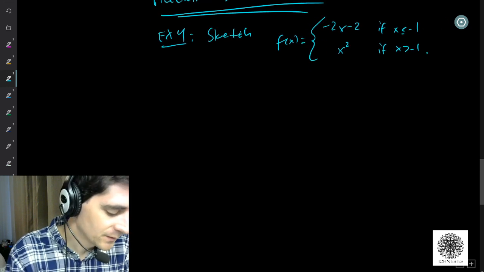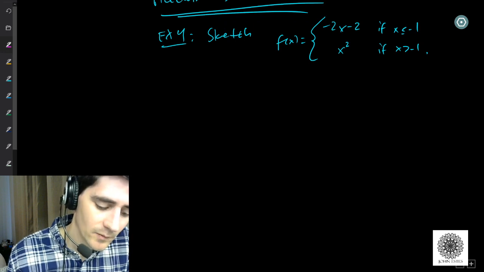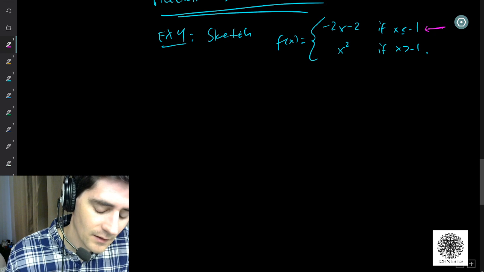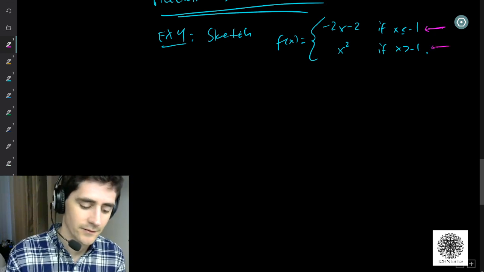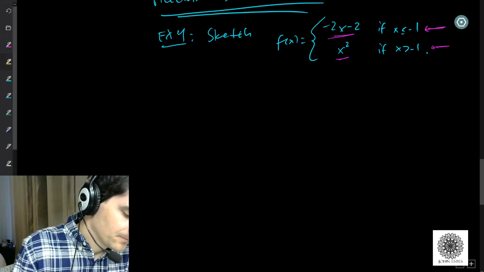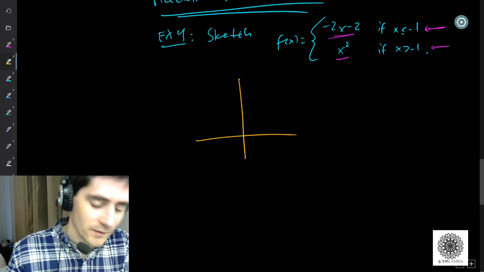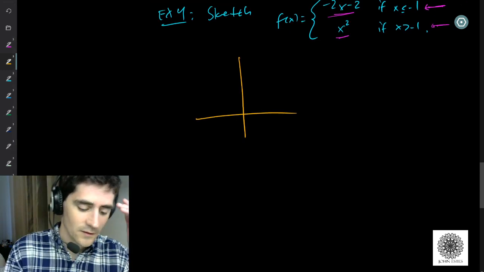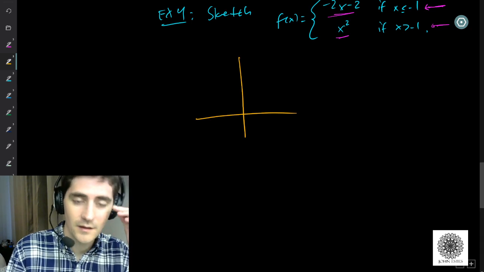And see, this is a piecewise defined function. For x less than or equal to -1, my function looks like this. If x is greater than -1, my function looks like this, right? So we've got these two pieces to it. Okay, but let me graph it, and hopefully this will make sense. I think the easiest part to start off with is actually x greater than -1.